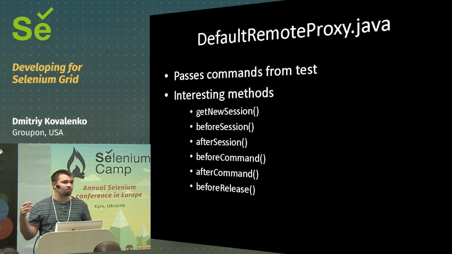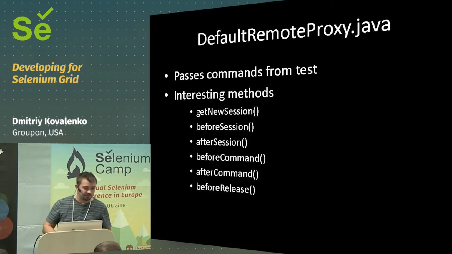If you want to, for example, restart a node after a test is done, override the after session method. That way, as soon as the test is done, you send a command to the node to just restart. Or, before session, you can add some proxy settings for the system, or you can throw off some files, or you can do any sort of setup that you want to do. You're allowed to override these and add that functionality.